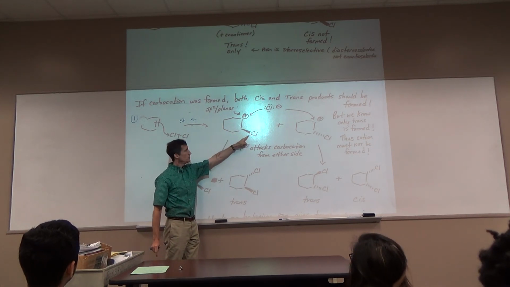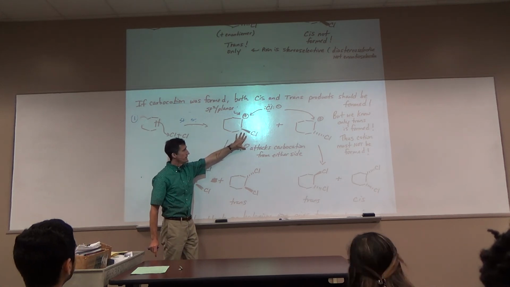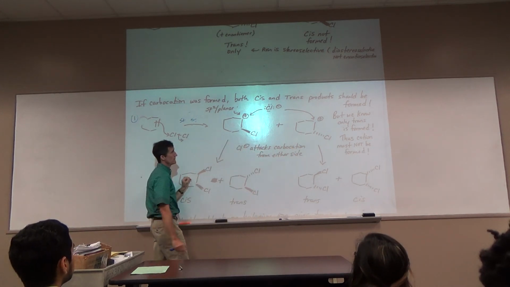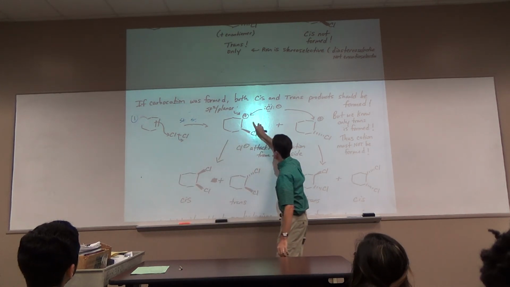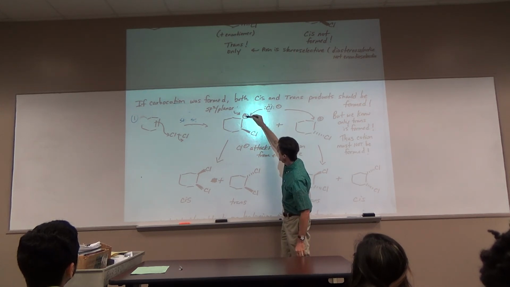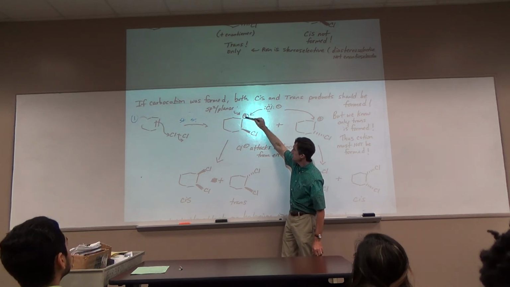And so you have to show this either bold or dashed. I chose to show it bolded. It can actually also be dashed. But at this point, if it was a free cation, chloride would attack it. But how does something attack a cation? Which side is it going to attack from?